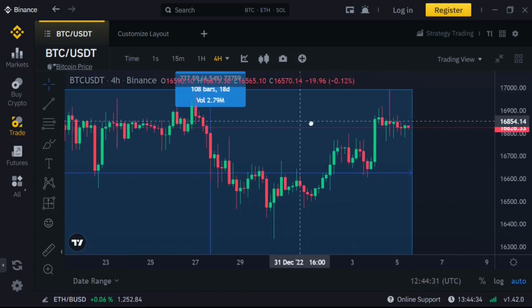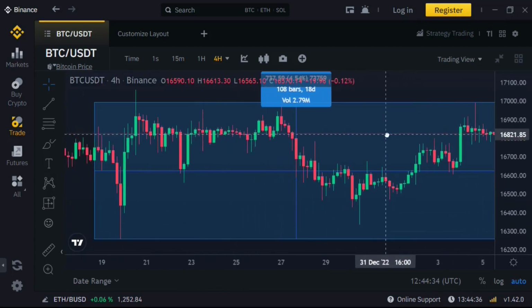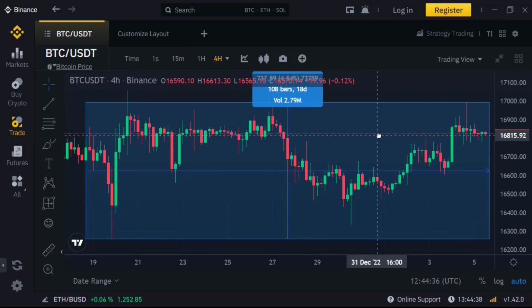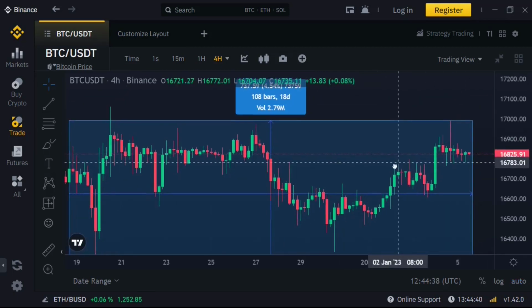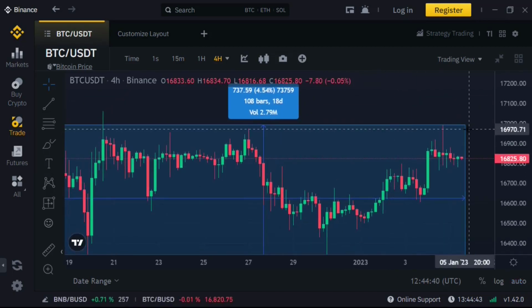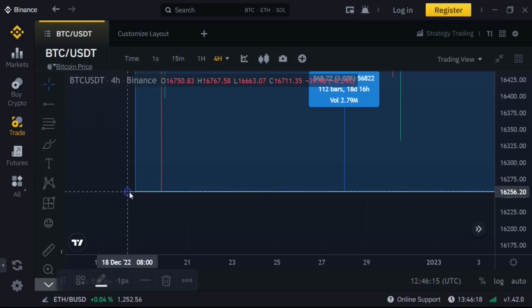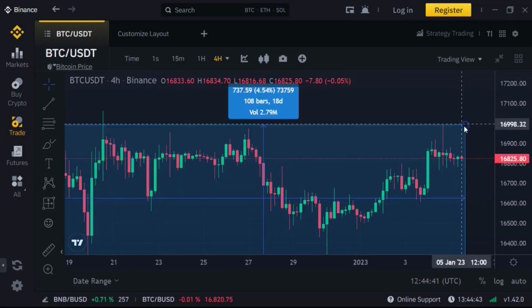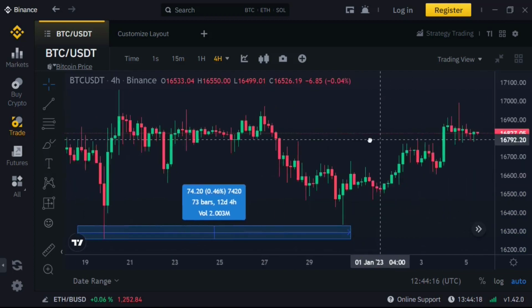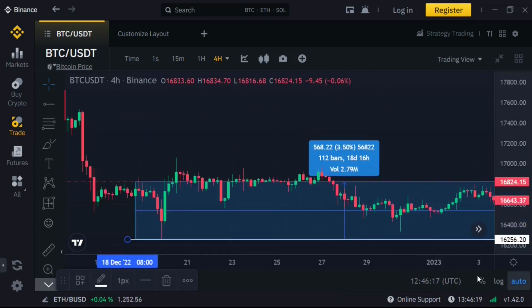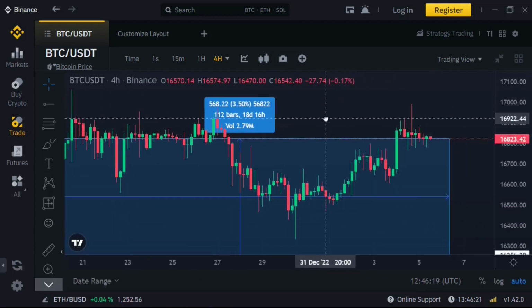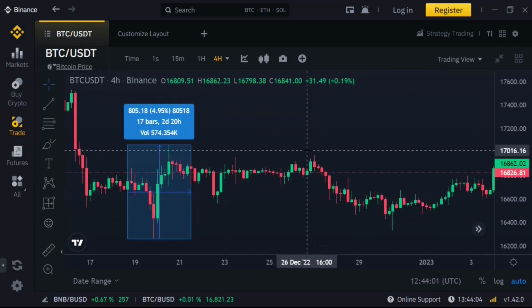So as you can see on the candlestick price chart data, the most recent low price of the BTC USDT cryptocurrency pair is exactly at $16,256.20.